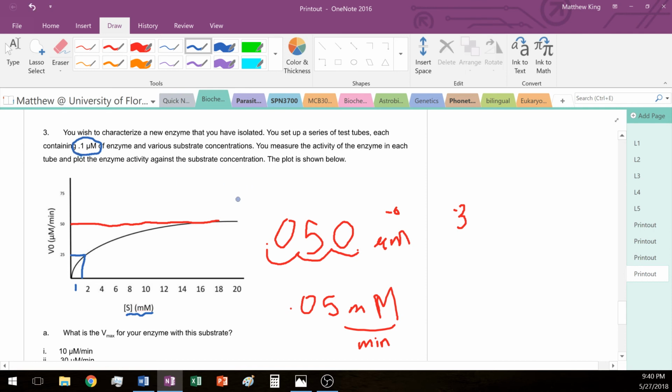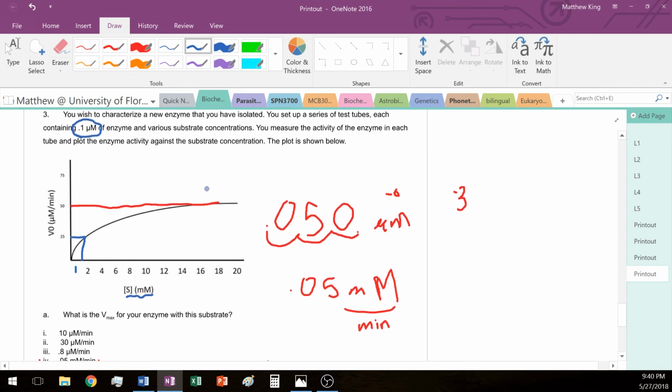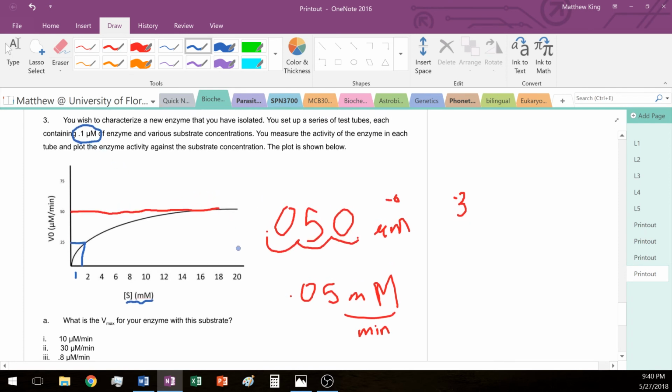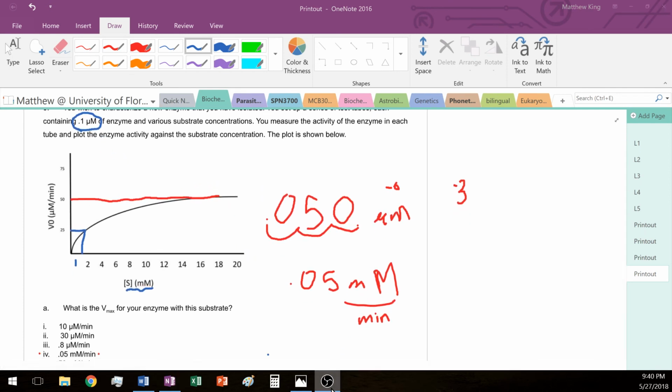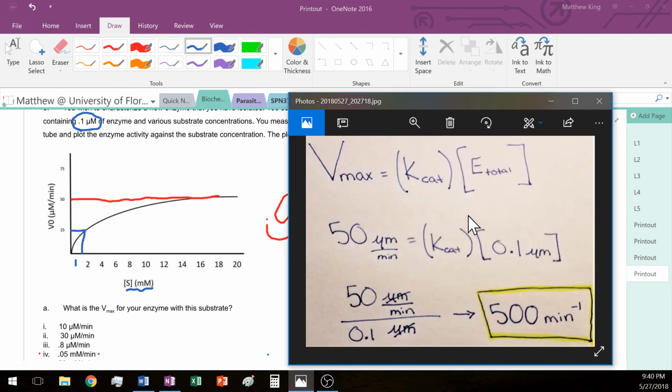That's how much you have in your test tube or in your blood or wherever the testing site is. So 0.1 micromolars is going to be our total enzyme concentration. So now you have 50 micromolars per minute equals kcat times 0.1 total enzyme concentration.